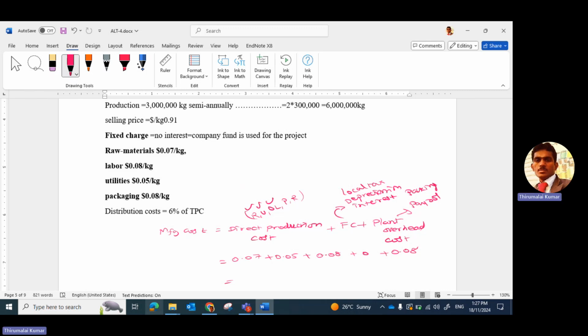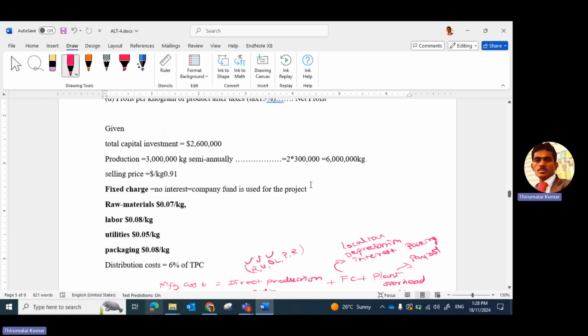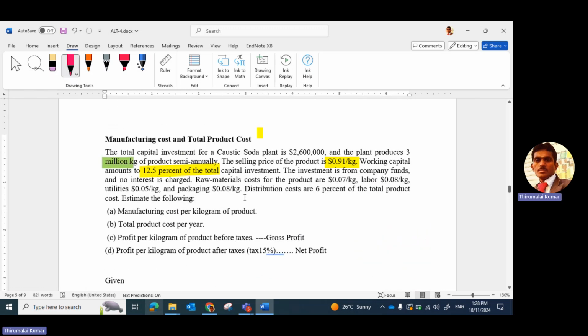So we have raw material 0.07, labor 0.08, utility 0.05, packing cost 0.08.